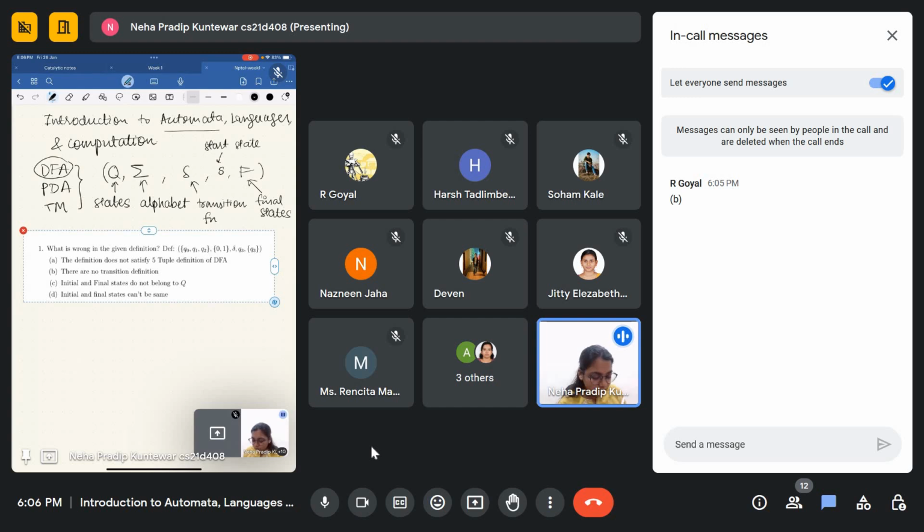One of you thinks that B is the right answer, because option B says that there is no transition function. Does anybody else have any other answer?